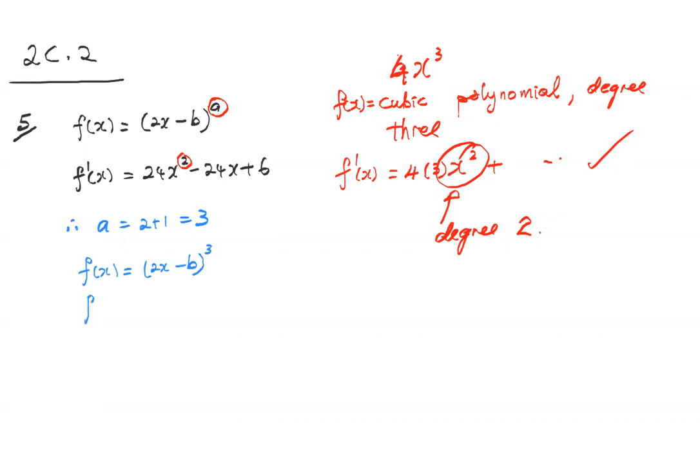So my f prime x will be equal to 3 times (2x minus b) power take away 1, times by 2. Correct? Am I going too fast? Okay, so this will be 6(2x minus b) squared.